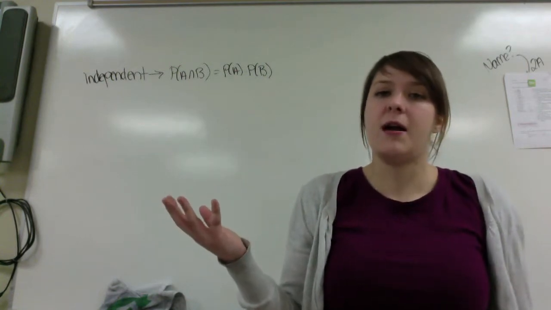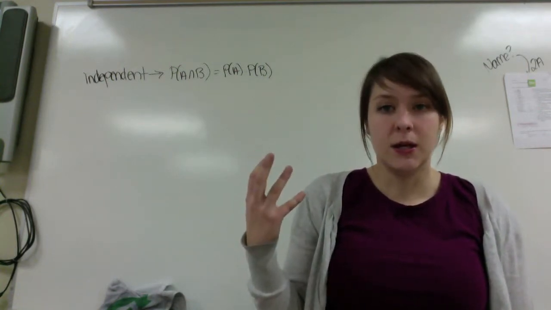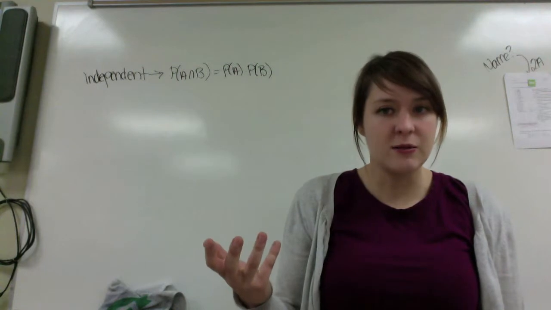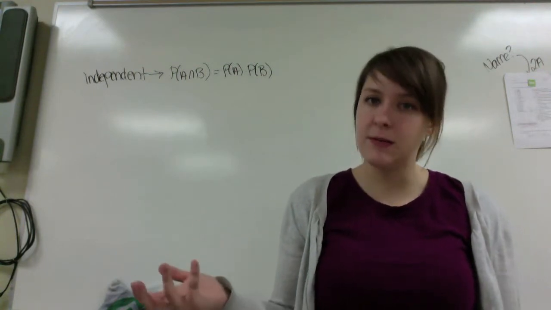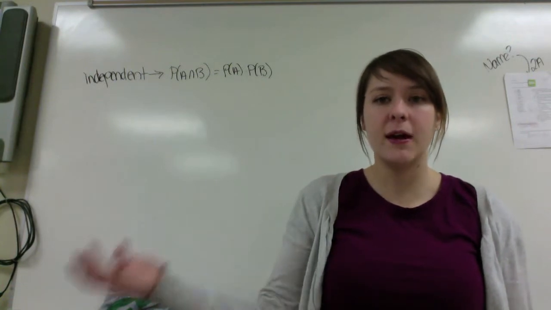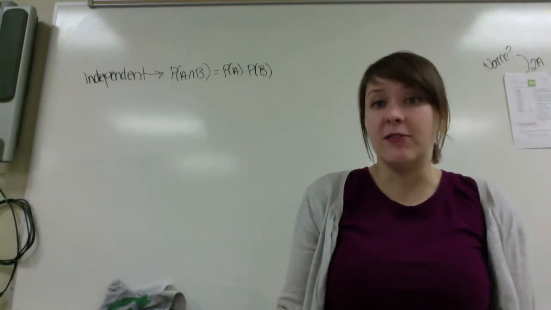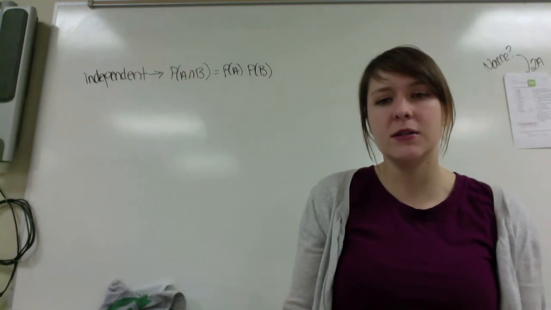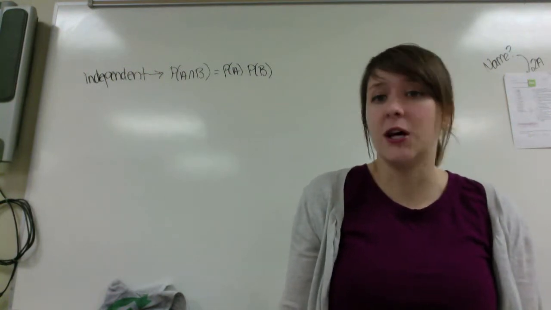Right off the bat I need to think about, logically, would those events be independent or dependent? Would it actually affect what I get on my second roll if I get a 6 on my first roll? The answer is that it shouldn't. It really should not affect that.